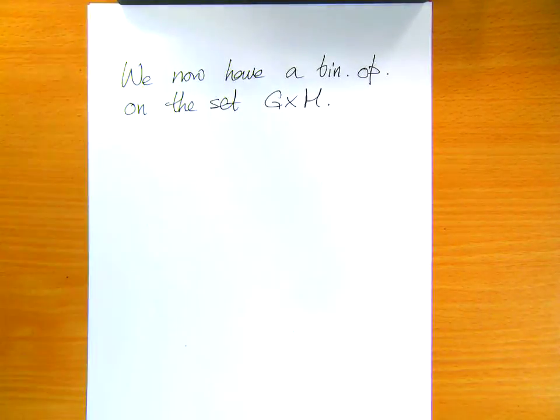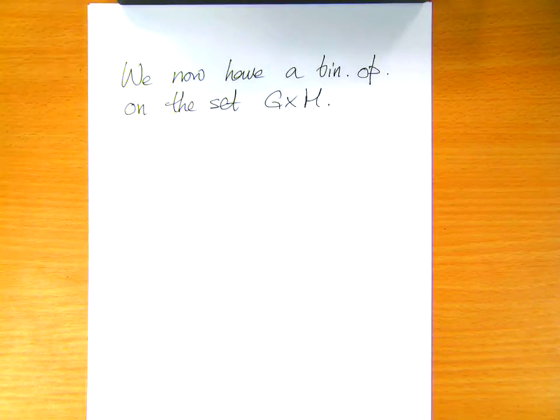Okay, so it's a binary algebraic structure. It's a set with a binary operation. The question is, is it a nice binary structure? Do we have a group now? And we just have to check that everything works.